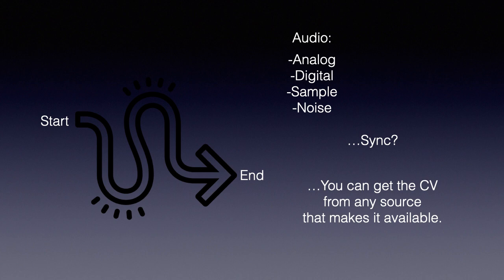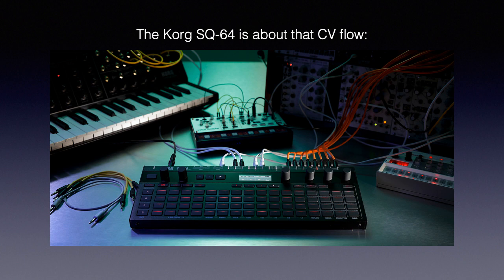That doesn't make you artistic. It doesn't make you more intelligent than anyone else. Well, it just makes you understand that the artistic discipline of the modular synthesizer isn't the randomness per se, but the flow of CV. You can get the CV from any source that makes it available. This is what I'm really trying to say. The Korg SQ-64 is about that CV flow.